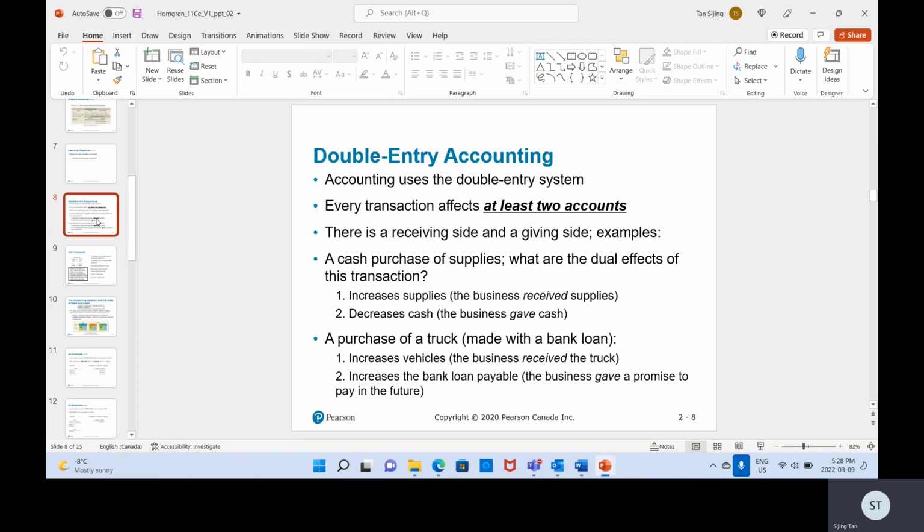Each transaction affects at least 2 accounts. For example, if you purchase supplies, you increase your assets with supplies and decrease cash because you spend the money. If you buy on account, you credit accounts payable. If you sell land for cash, you debit cash and credit and decrease the asset, the land. So 2 accounts are always affected by 1 business transaction.